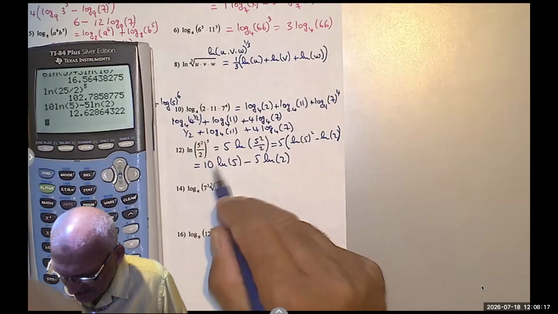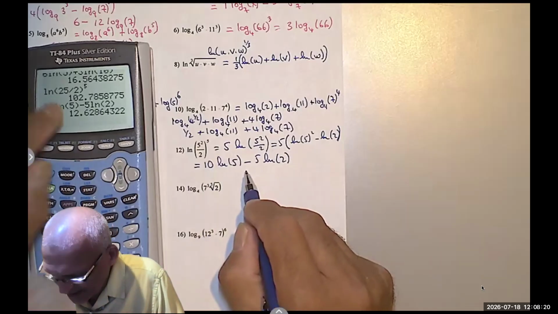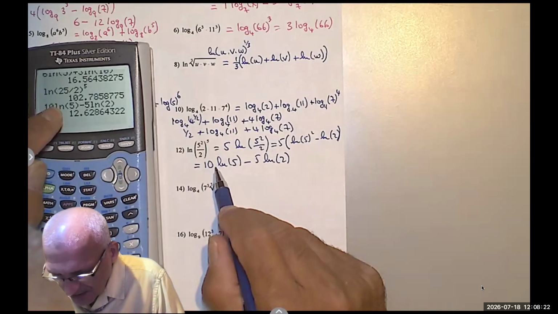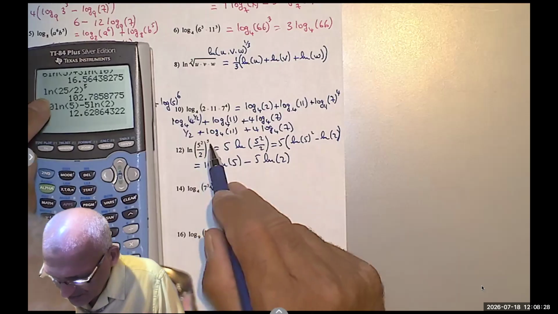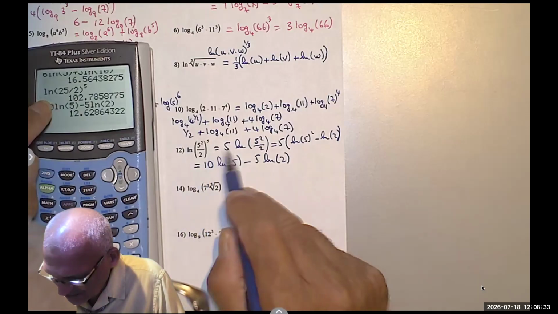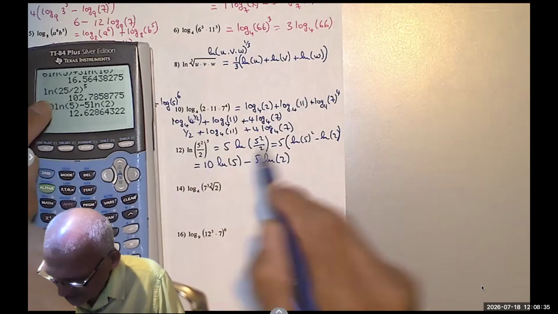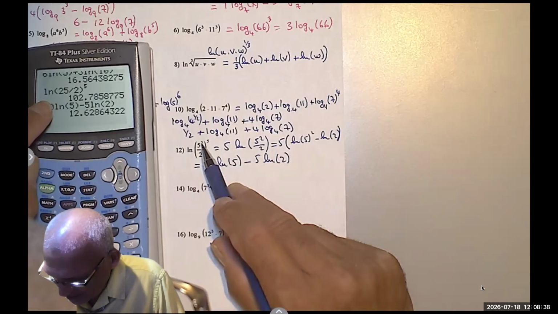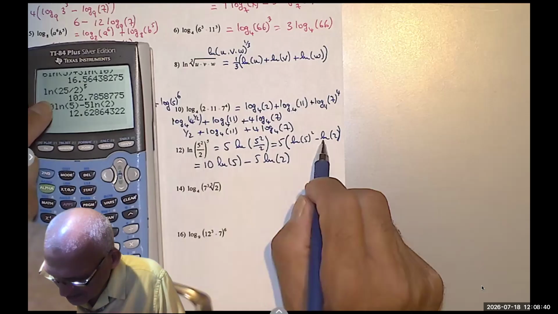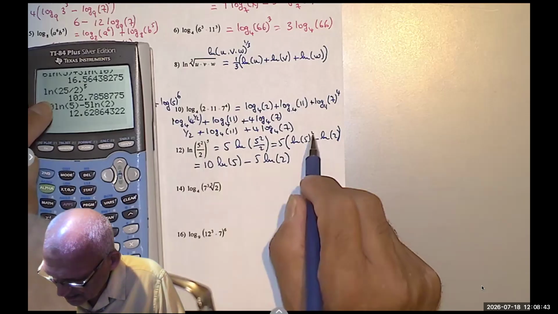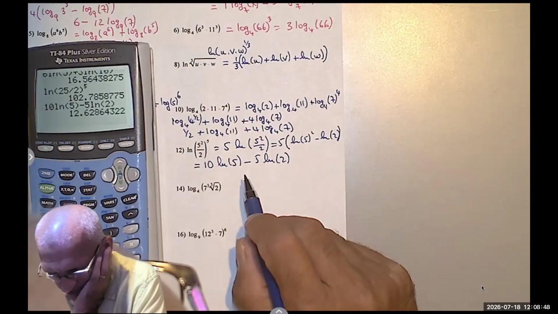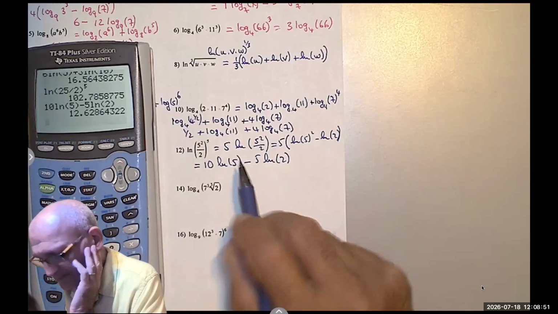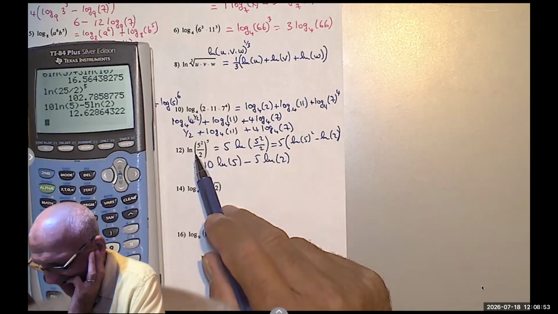Yeah, when I was taking the 10 and the 5, I said how do I get 102? Let's see if I did something wrong here. 25 over 2. Oh, that's a large number. 5 natural log of this, which is 5 natural log of the top minus natural log of the bottom. That's interesting.